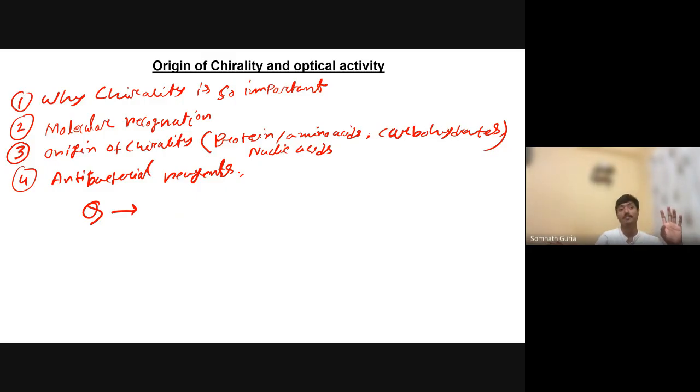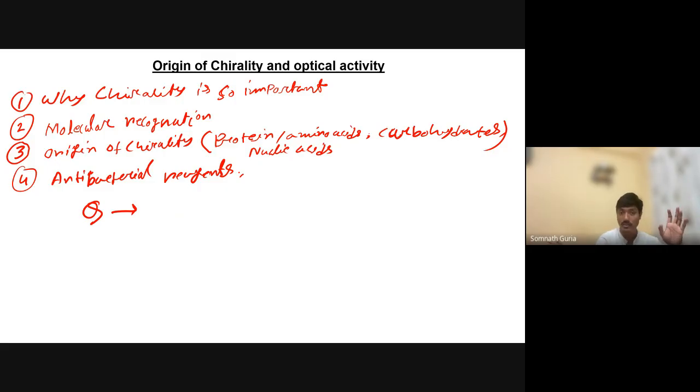To recognize a chiral molecule, we also require a chiral environment. And nature also produces a huge enantiomeric excess. What is enantiomeric excess? We have two enantiomers, and whenever they are synthesized, one of them is predominantly produced in nature.